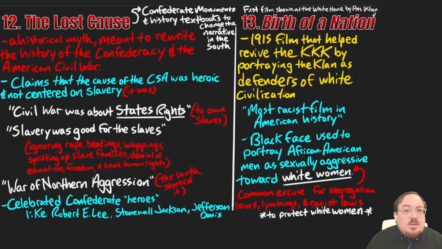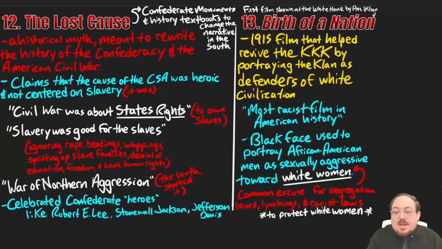And so this will become one of the prevailing teachings in the South, and there are places in the South and Georgia and other states that will continue to have textbooks that talk about this framing of the Civil War well into the 20th century. And there are people alive today who still believe these sort of things, that believe that the Civil War was about states' rights and not about slavery, and believe that slavery wasn't that bad, and might even call it the War of Northern Aggression, even though that is completely wrong and completely false.